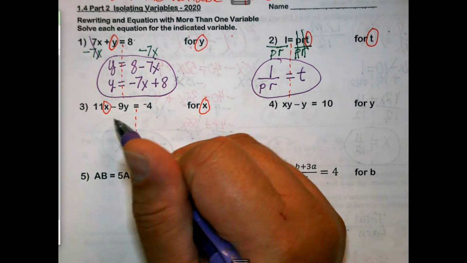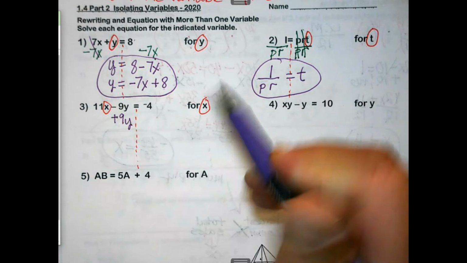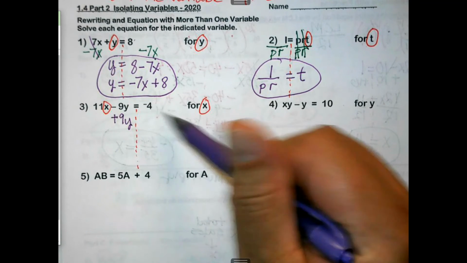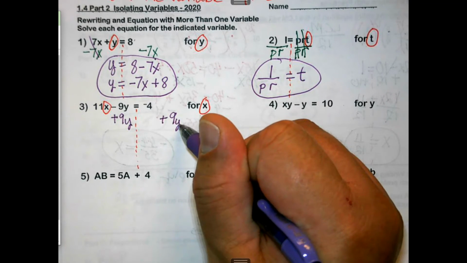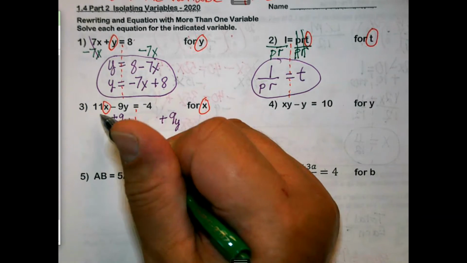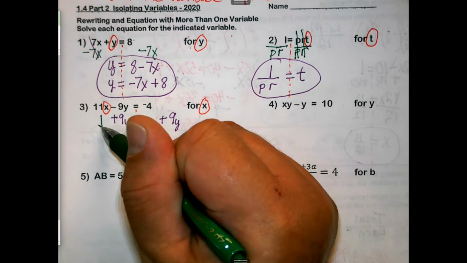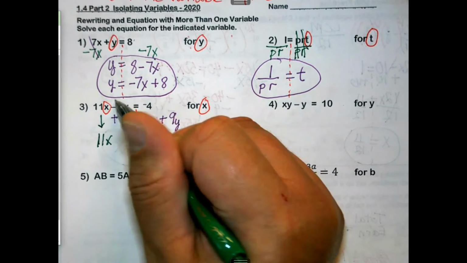So I'm going to go ahead and add 9y to both sides. And again, I'm going to offset it here so I don't make the mistake of combining those. They're not like terms. I'm going to go ahead and bring down my 11x. These cancel out.